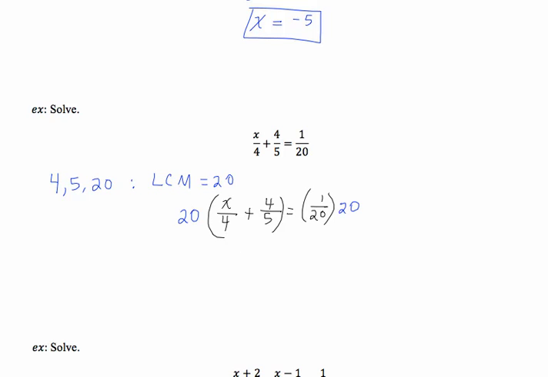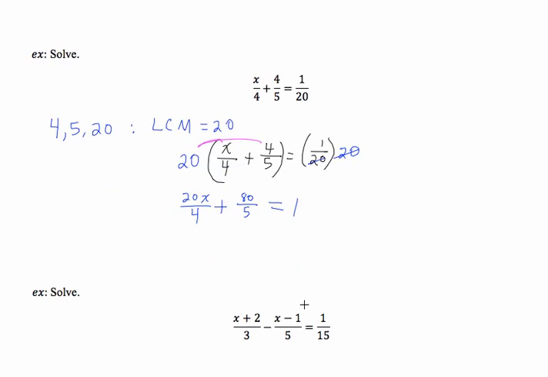Okay, now we're going to distribute. When we distribute that 20 into those fractions, we get 20 times x over 4, 20x over 4, plus we get 20 times 4 over 5, so that would be 80 over 5, equals 20 times 1 over 20. Now that one we can just simplify. 20 over 20 is 1. Okay? And let's simplify these. This should make the fractions go away.